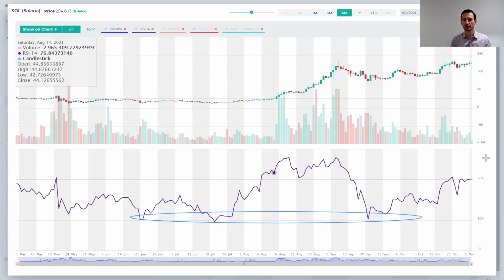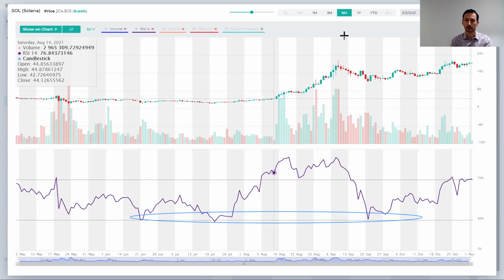Also, coins in an uptrend rarely dip below 30. Frankly, when they dip below 40, to me, they're oversold and opportunities to go long, to buy. And when you flip that with coins in a downtrend, the whole playbook flips, right?